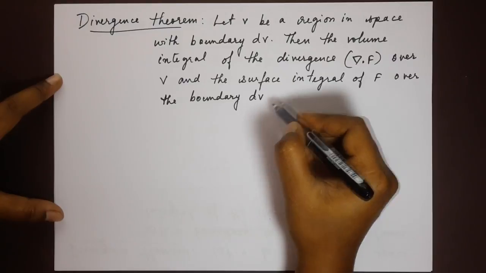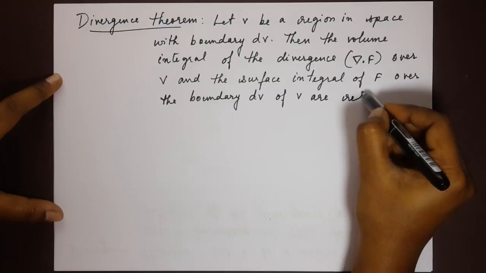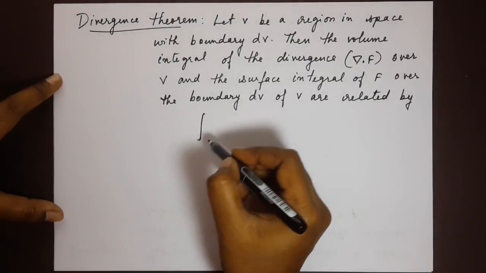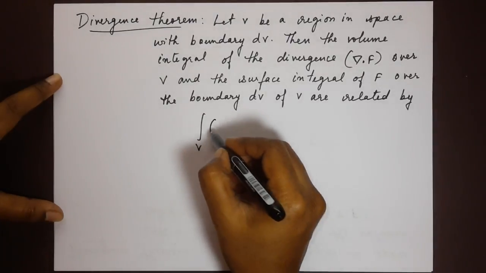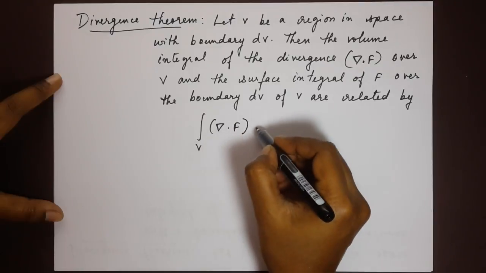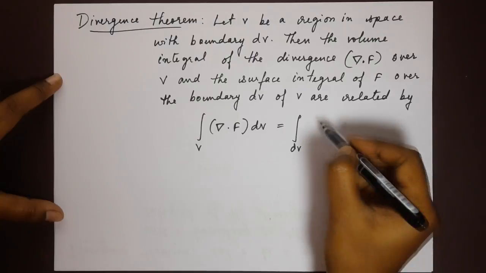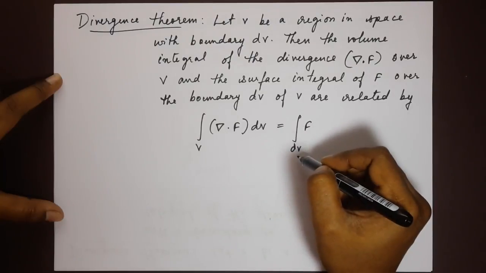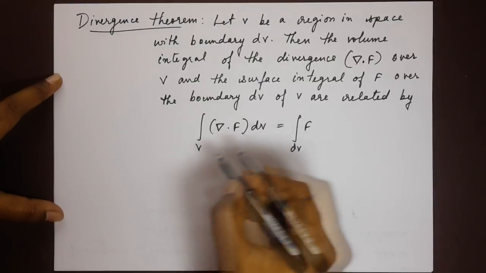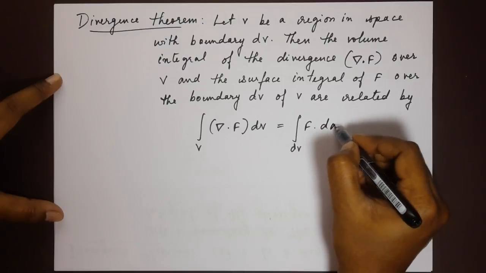Now dV is the surface, okay, of V, are related by, here comes the equation, they are related by the volume integral of divergence. So that's del dot F dV equals the integral over dV. So this is the surface integral. Here we have volume integral. dV is surface integral F dA.